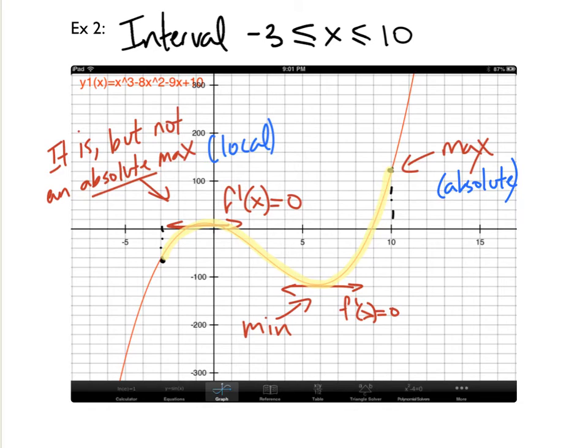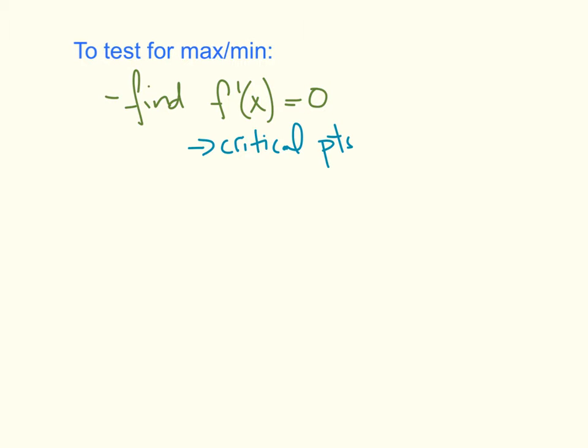In this case, our maximum occurred at a point other than where f prime of x was equal to 0. So we need to refine our algorithm. To test for our maximum or minimum value, we first find the derivative and set it to 0, which gives us any critical points, so any maximums or minimums.